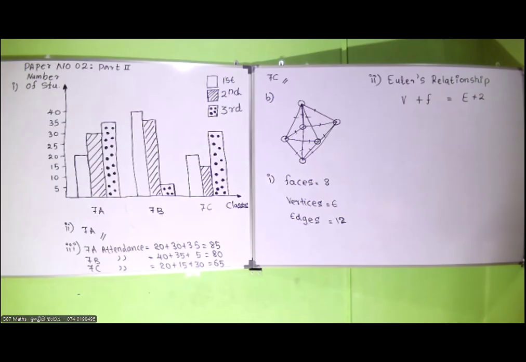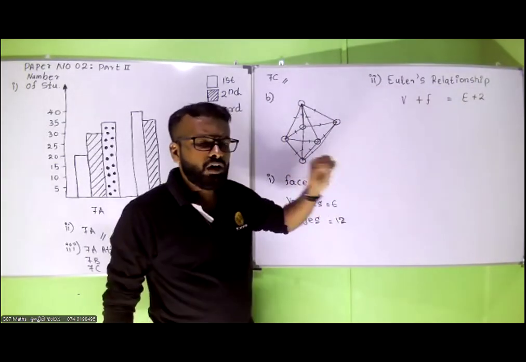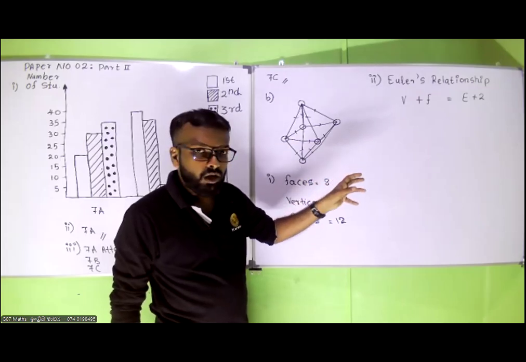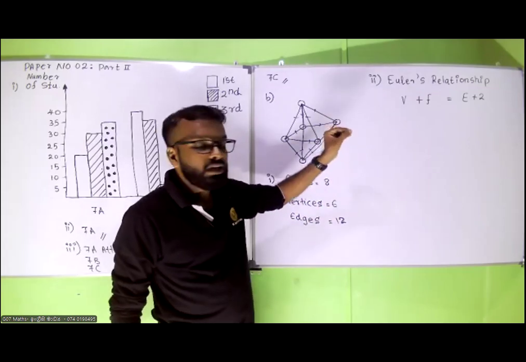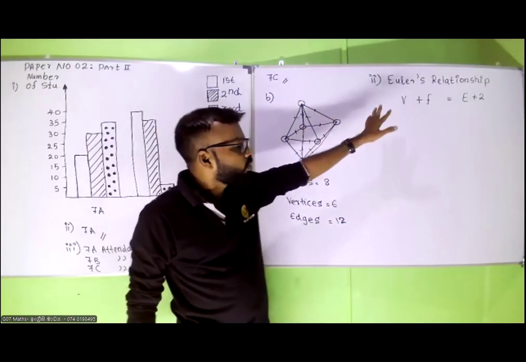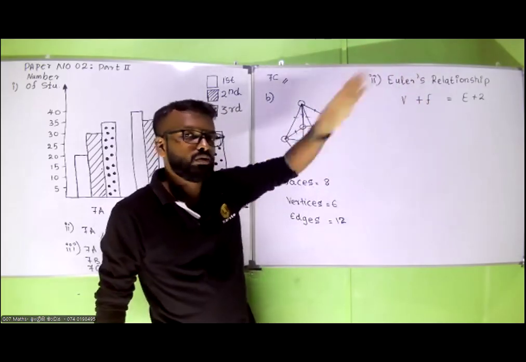So there is no need to write everything out when you are asked to write down the Euler's relationship. No need to write faces, vertices plus and so on. You just have to write V plus F equals E plus 2. That's all.